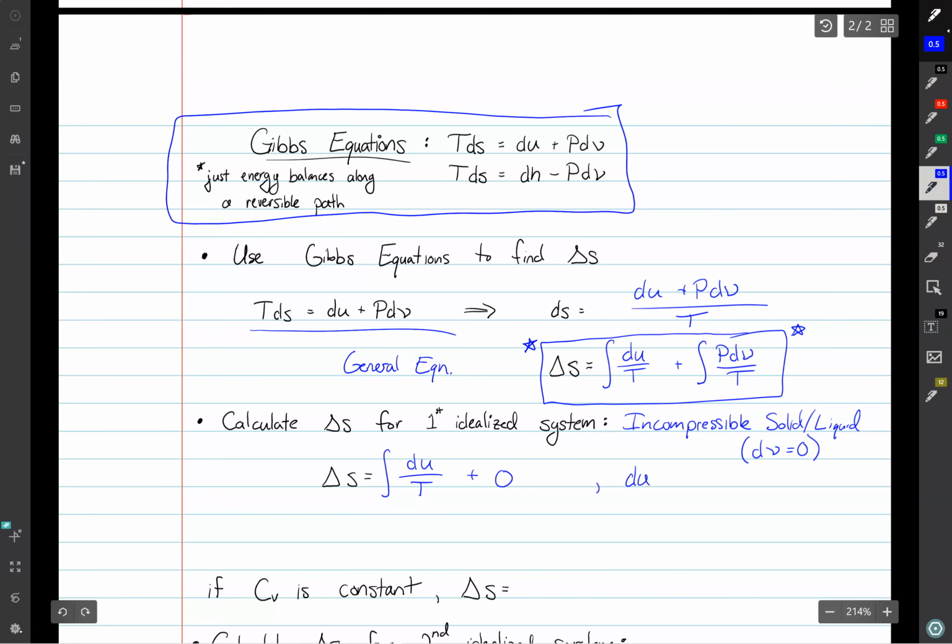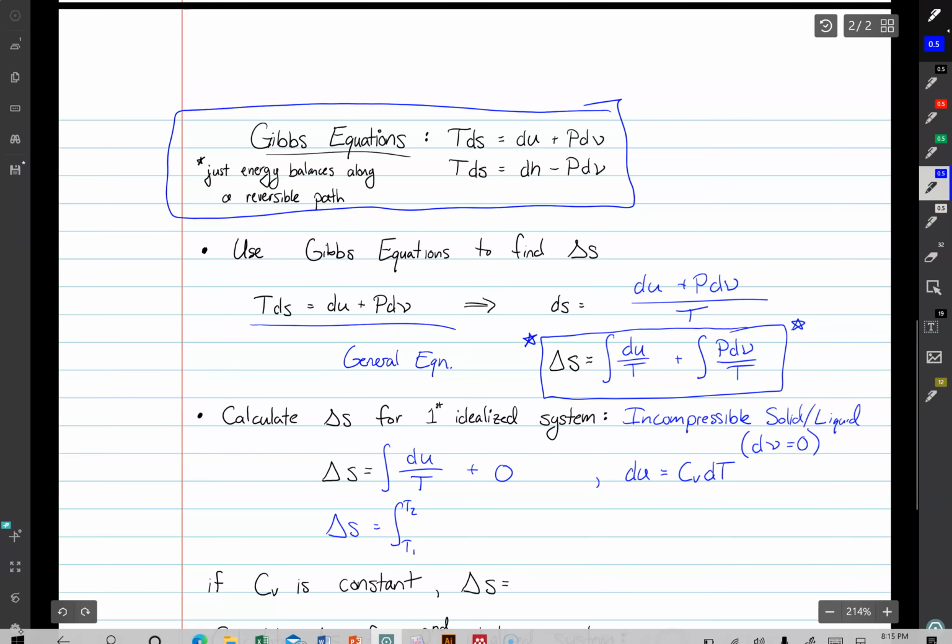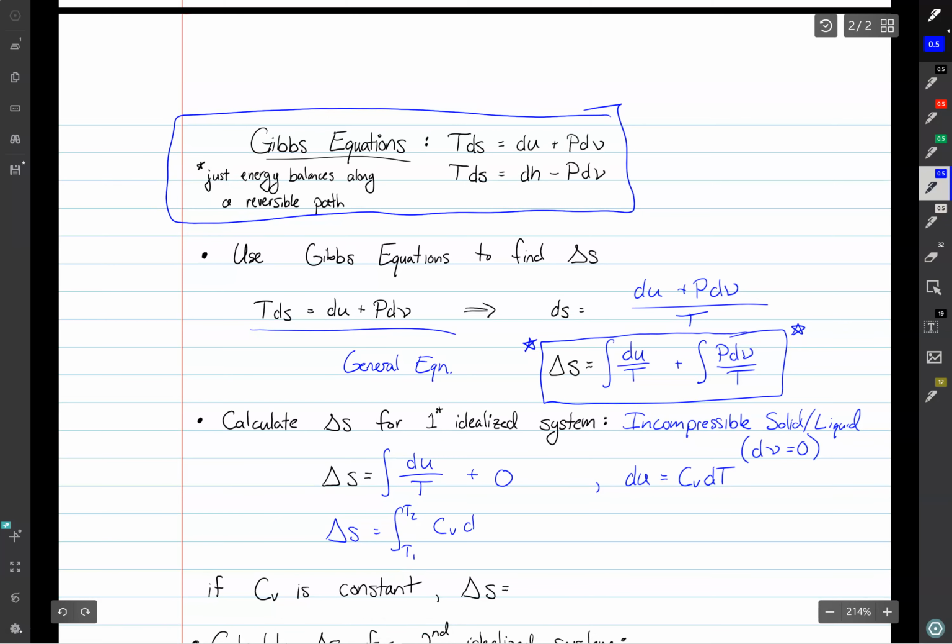We know that dU is Cv dT, the definition of internal energy: heat capacity times the change in temperature. So we can do this and find that delta S is the integral from T1 to T2 of Cv dT over T.